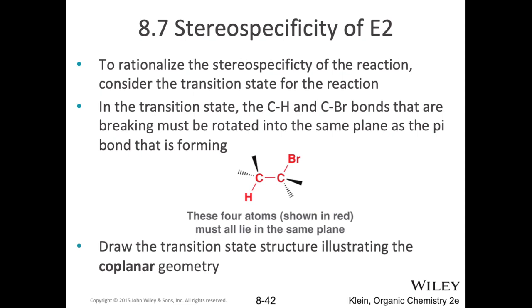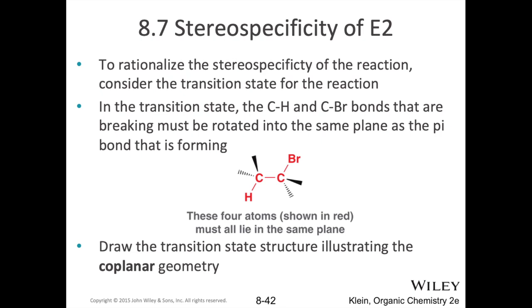You could make a stereoselective argument that you've got the bulky groups trans to each other, which is more stable. But there's actually a stereospecific argument here that has to do with the orientation of your leaving group and your proton in three-dimensional space, in your transition state. So let's have a look at that argument.